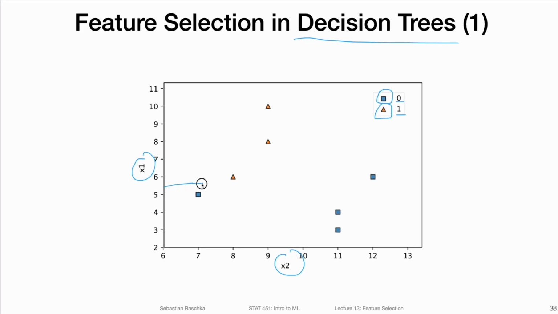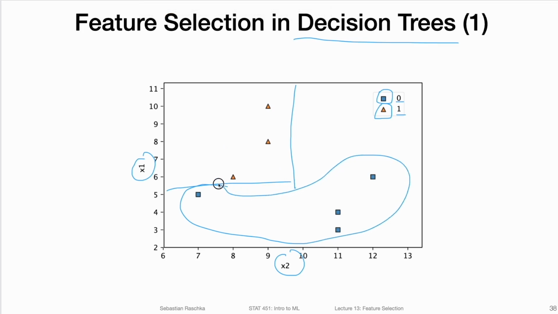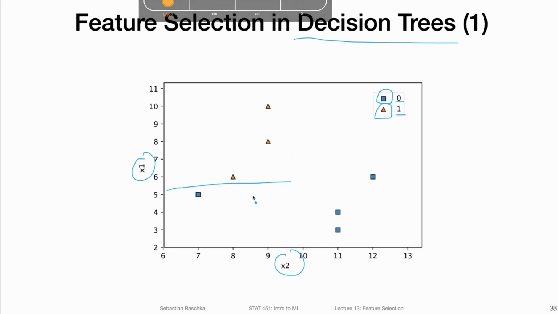So a decision boundary, if I delete this, might look like this, for example. You can see that all the class 1 examples are on one side, and all the class 0 examples are on the other side. So that would be one possibility for a decision boundary.